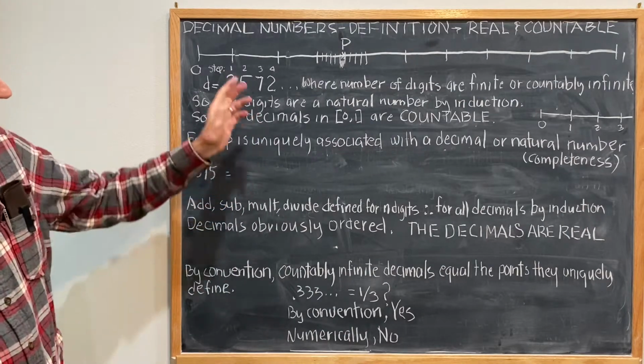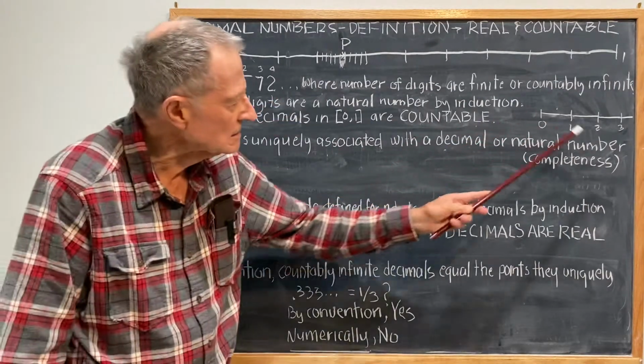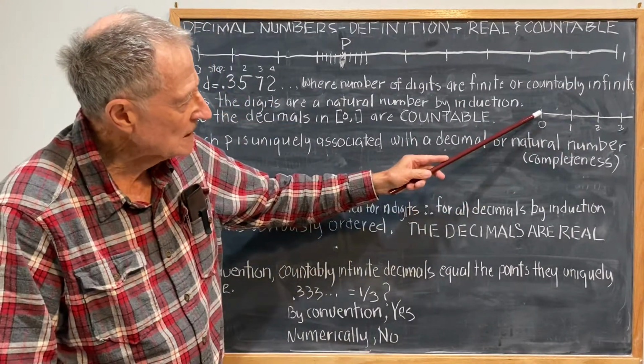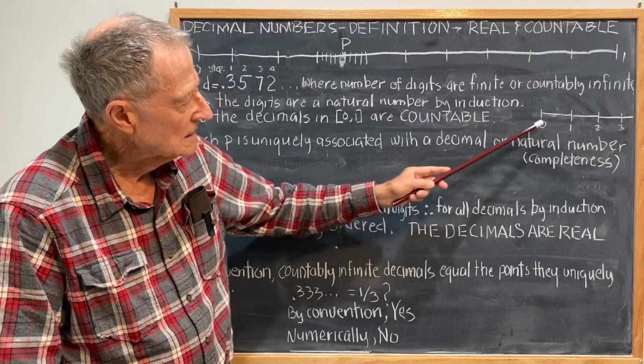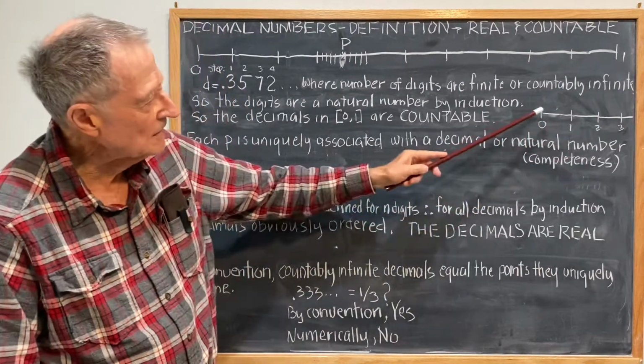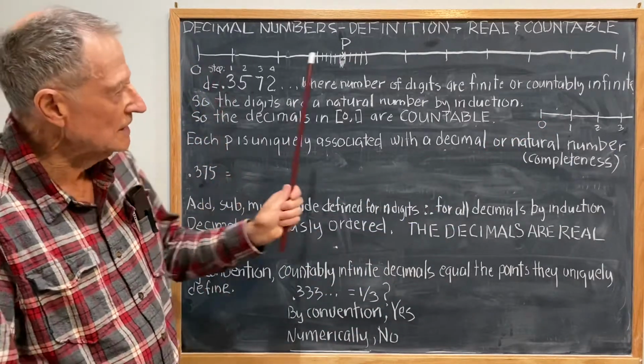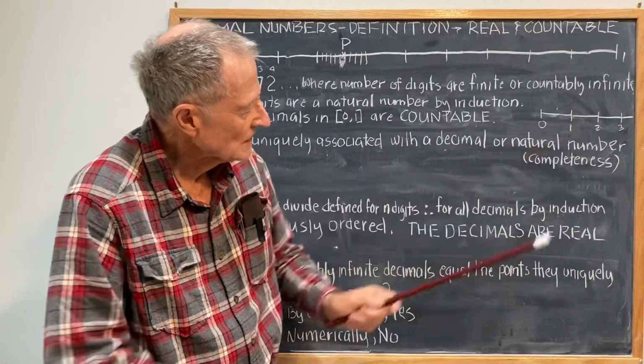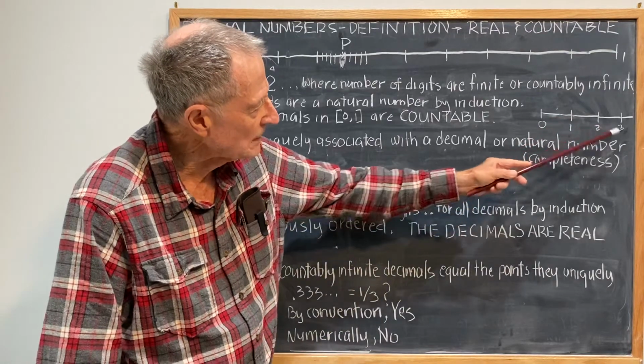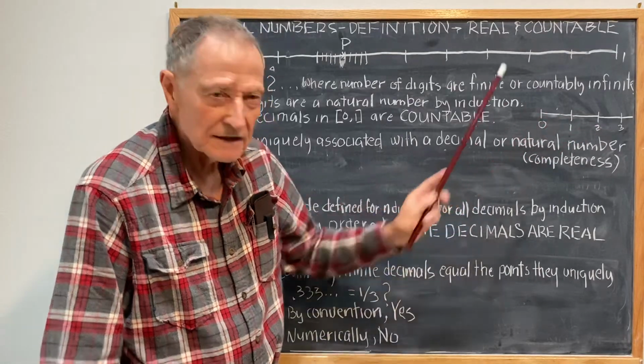And notice I can, as I mentioned before, do that with any line increment by just simply labeling 0, 1 as a unit distance. That assigns to every point on this line a unique decimal or natural number. And then larger natural numbers would be like 2 plus whatever you got in that increment.